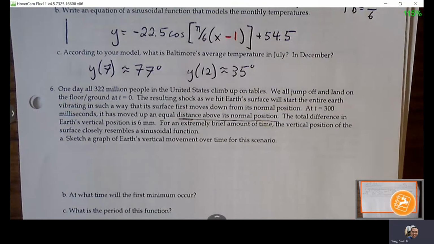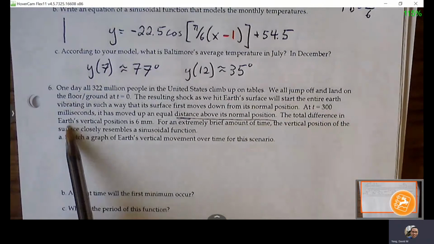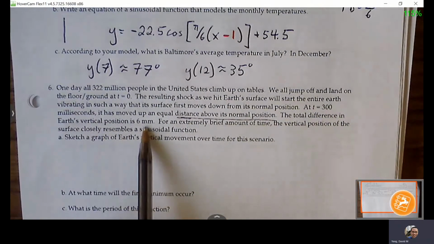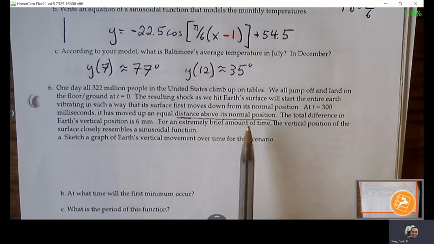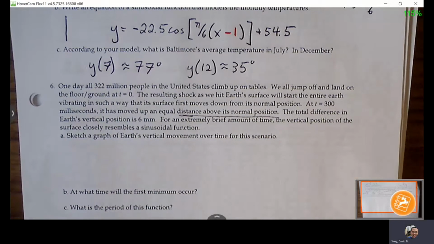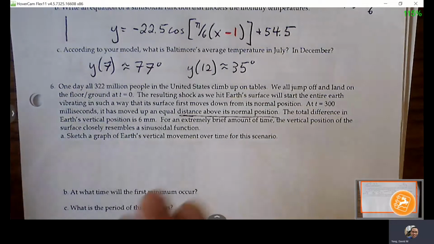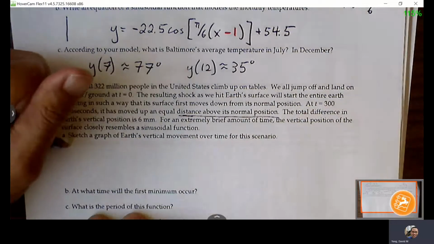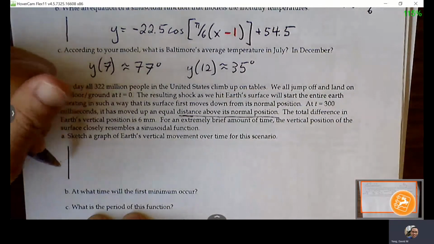Okay, so it says the total difference in the Earth's vertical position is 6 millimeters. For an extremely brief amount of time, the vertical position of the surface closely resembles a sinusoidal function. Okay, so we're going to just sketch our graph here.